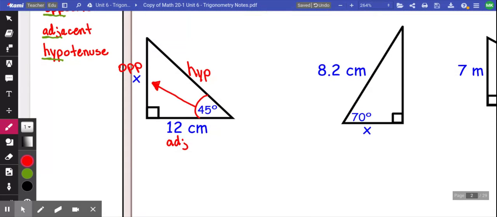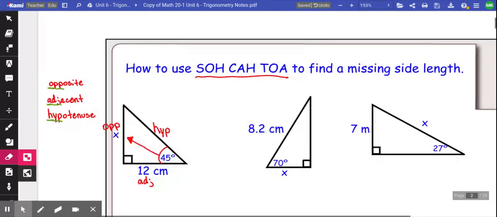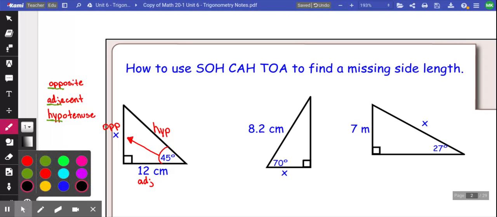The second step is to use Sohcahtoa, because Sohcahtoa is actually a way to remember your formulas for trigonometry. So we're going to look at SO first. SOH. That tells you that sine of an angle will equal your opposite side divided by your hypotenuse side.